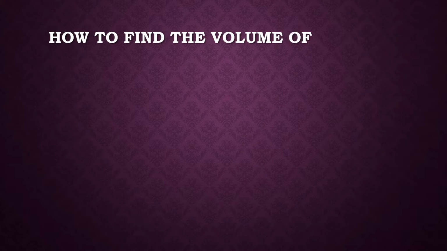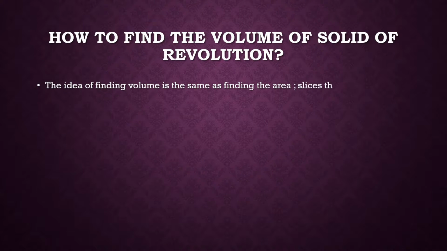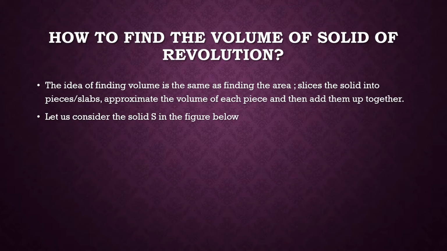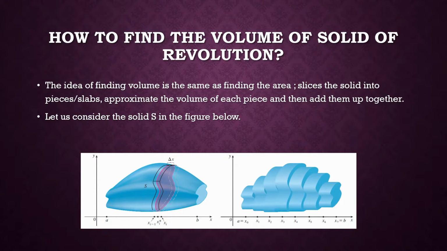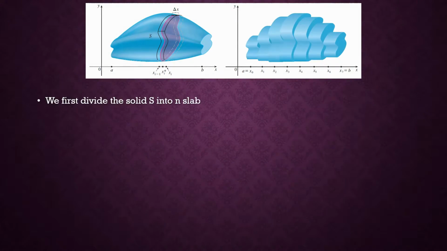How to find the volume of solid of revolution? The idea of finding volume is the same as finding the area. Slice the solid into pieces or slabs. Approximate the volume of each piece and then add them up together. Let us consider the solid as in the figure below. We first divide the solid S into n slabs with delta x, which is the thickness, and approximate each slab as a cylinder.